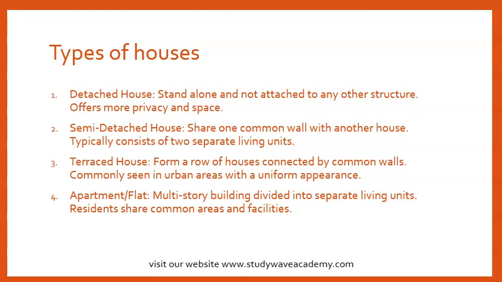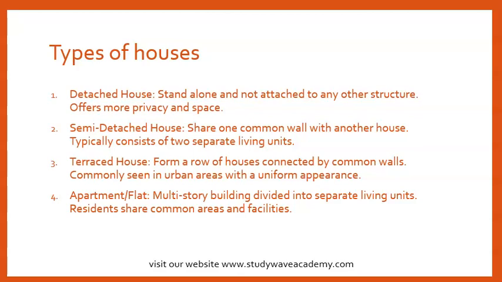Okay? Another type of house, semi-detached house. Share one common wall with other house. Typically consists of two separate living units. Okay? Two houses sharing one wall. That is semi-detached house.